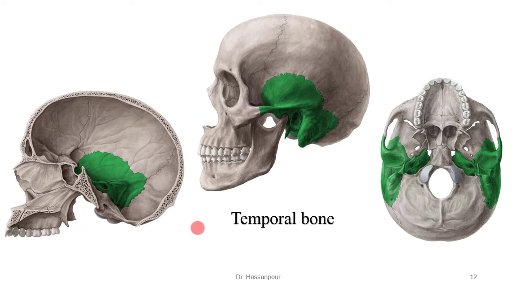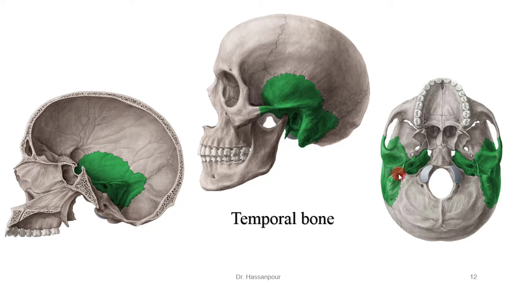Now, let's move on to another bone that you can see clearly from the lateral side and also a bit from the posterior view of the skull. And this is the temporal bone, if you remember correctly. The temporal bone is a large, bilaterally symmetrical bone which forms part of the base of the cranial vault.